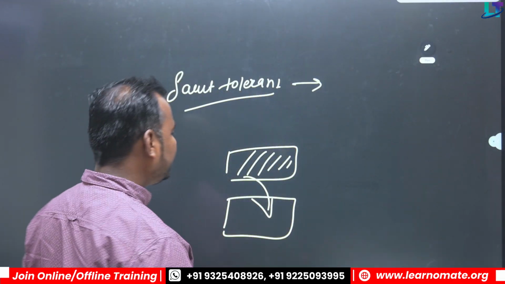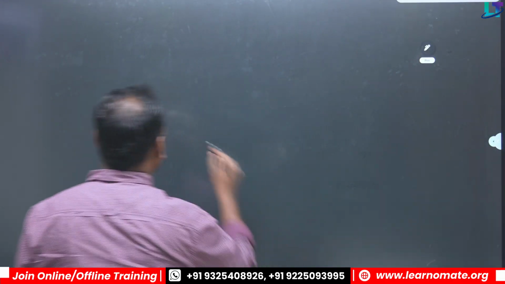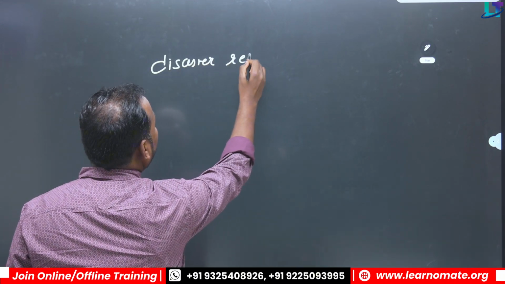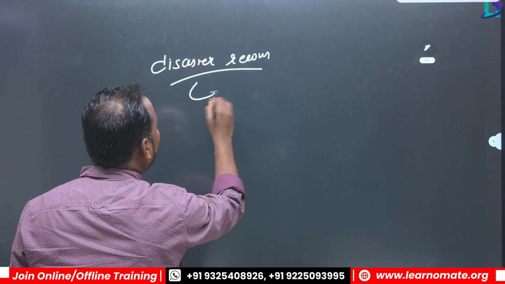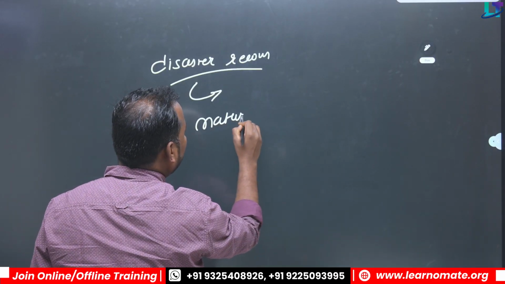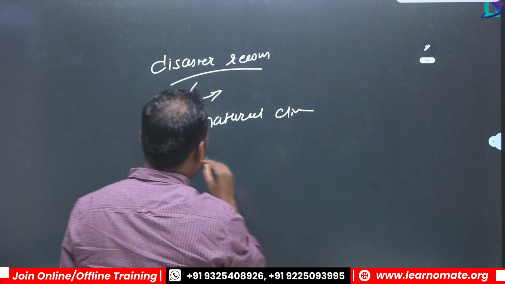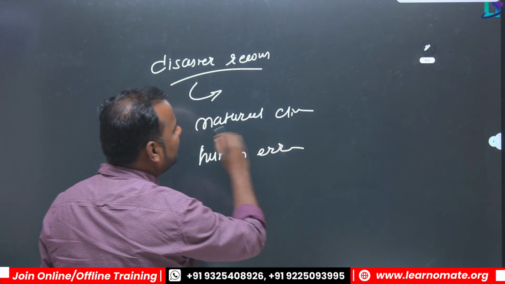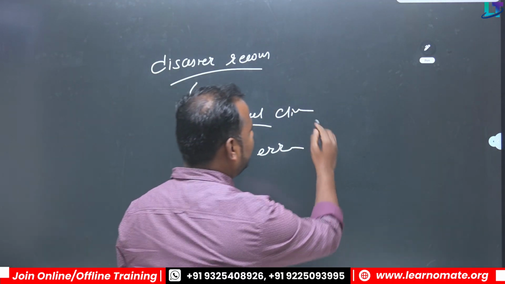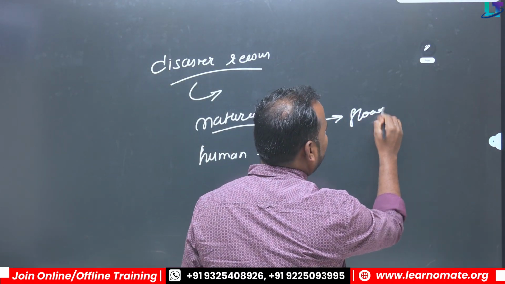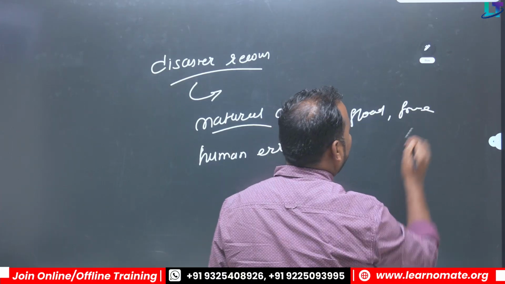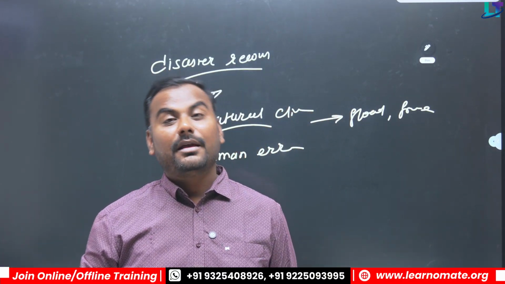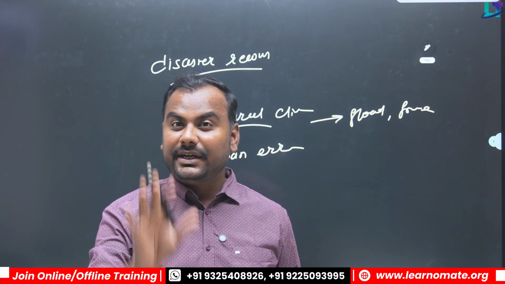See, what is this disaster recovery? Disaster recovery means what? Every time the situations are not good. Let's say you have some natural calamities, or there are some human errors. Natural calamity means, for example, some flood, or some fire, and your overall system, wherever your servers are available, every day is not good, right?